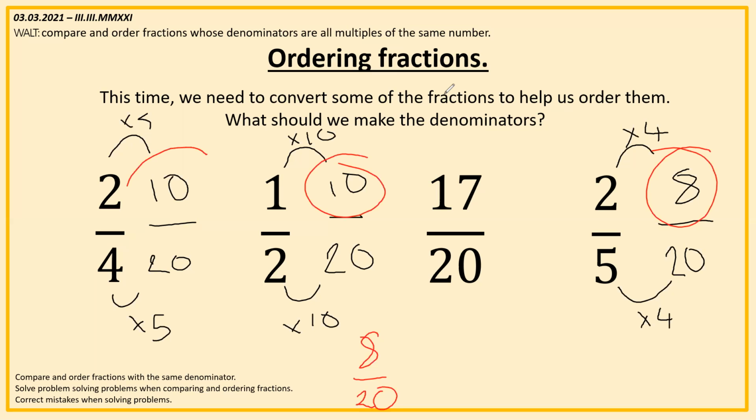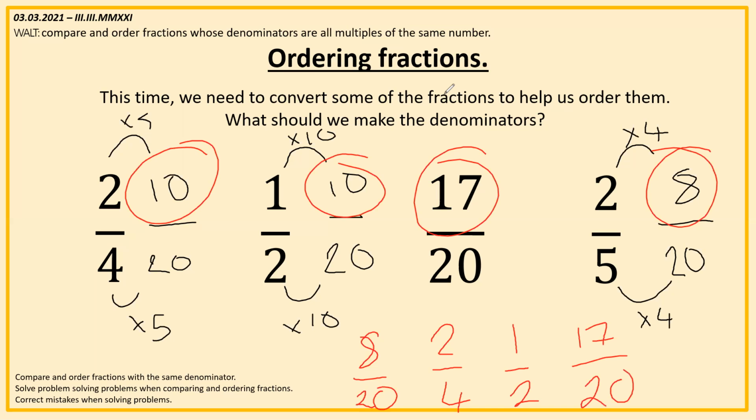We've then got 2 with 10, so we can put them in whichever order. And then finally, we've got 17/20. So now we've put those 4 fractions into ascending order through converting.